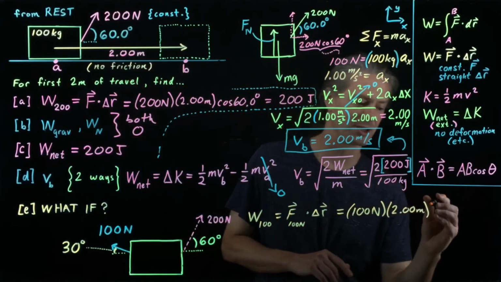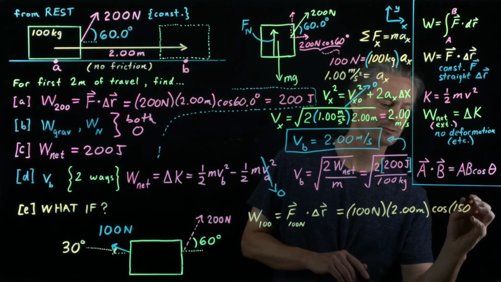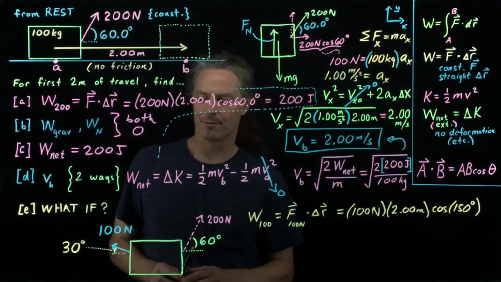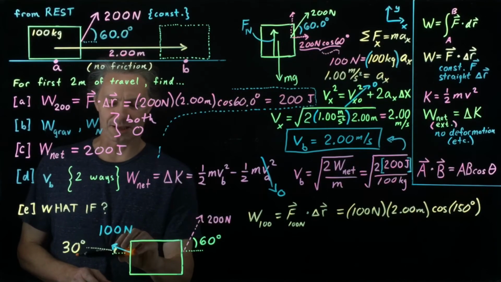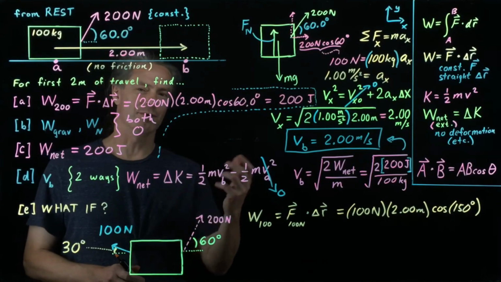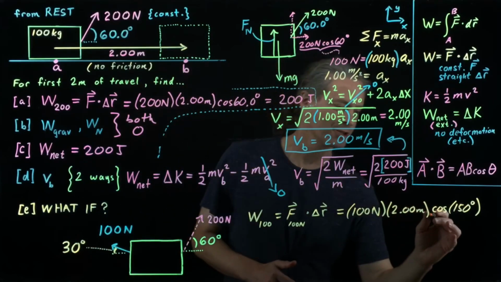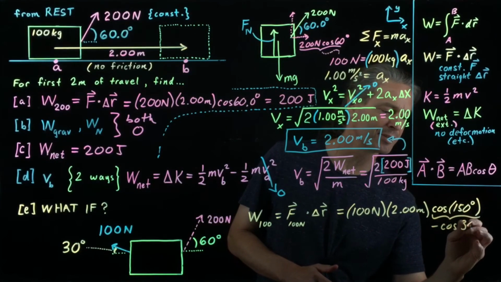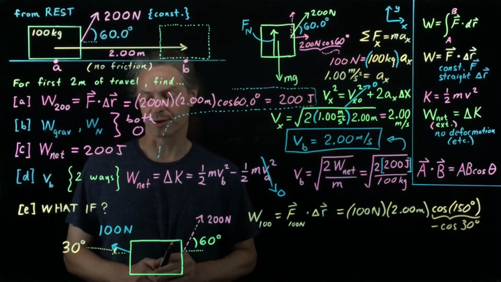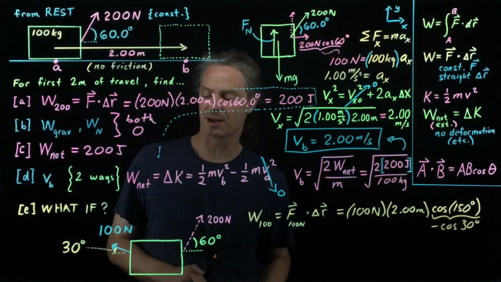I need to put that cosine in right here. Now, the cosine of 150 degrees is equal to the negative of the cosine of 30 degrees. Both of those things give a negative result. So I could have put in minus cosine 30 degrees instead of cosine of 150 degrees. Both of those give the same result.